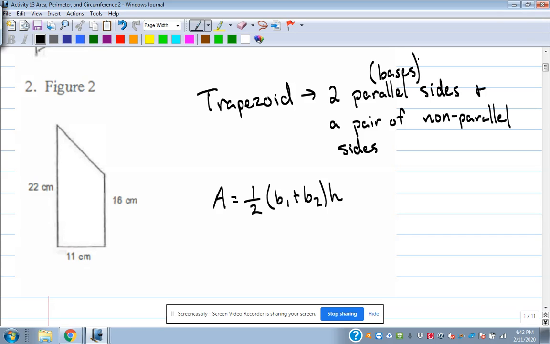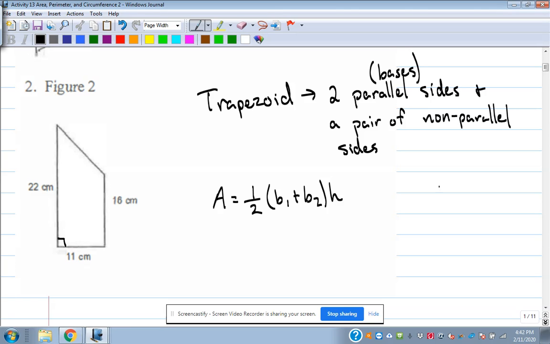So your parallel sides are your bases, and then the height is again going to be measured at a 90-degree angle. We can tell in this picture that 90-degree angle happens on that side. Yeah, it doesn't even matter what that angled one is because we don't need that. We only need the height, how far apart are the parallel sides, and then the lengths of the parallel sides to find the area of a trapezoid.